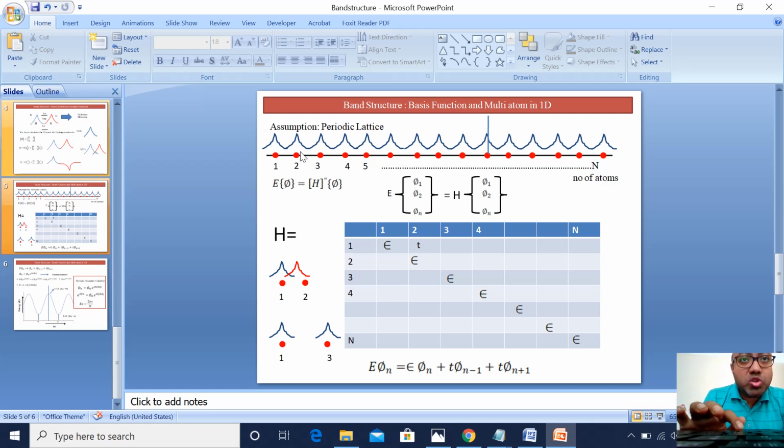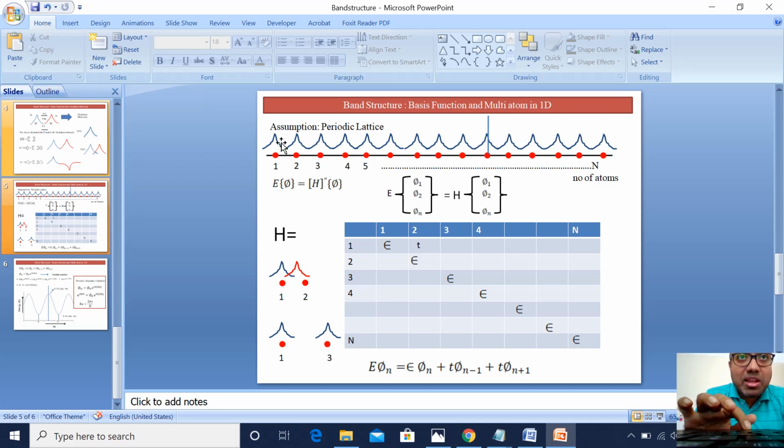So 1 and 2 are related by T. Similarly, 2 and 3 related by T, 3 and 4 related by T, 4 and 5 related by T. Why are they related by the same value? Remember, here we have taken one great assumption, called the periodic lattice. It means all my atoms are sitting at periodic, equal intervals. So the distance between 1 and 2 is the same as the distance between 2 and 3, and similarly the same as the distance between 3 and 4.